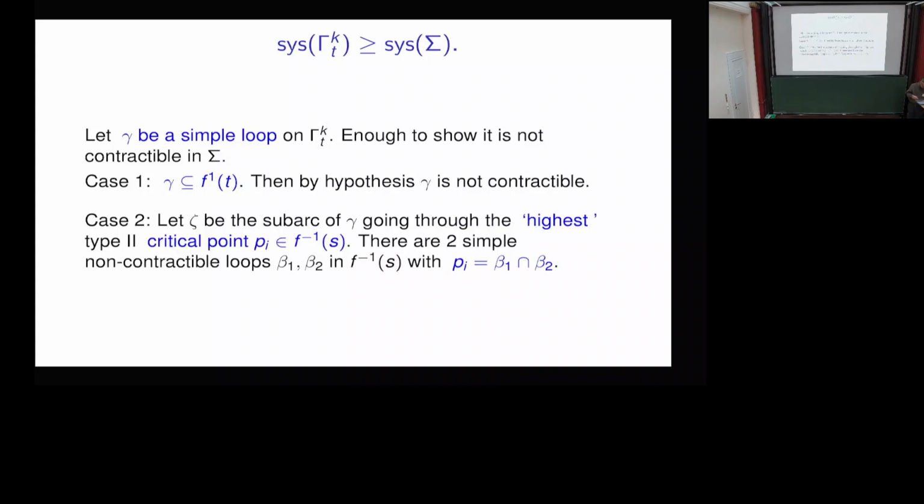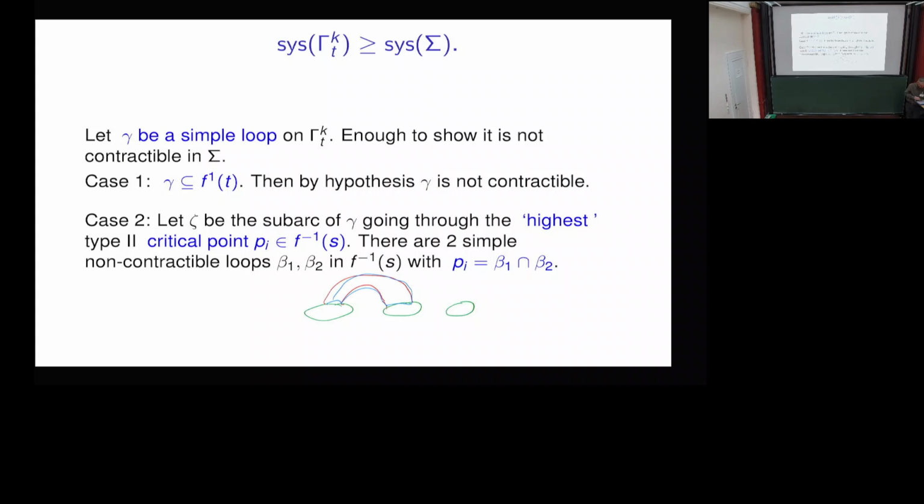So case 2 is that my simple loop contains some arc. I don't know what the loop is, but maybe I'll make a very simple picture, so maybe it is this, right? So it's going to contain some red loops, right?